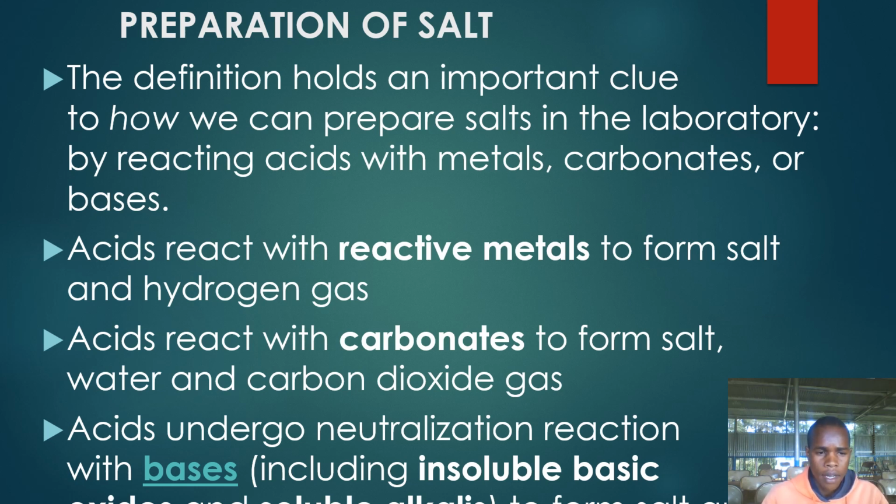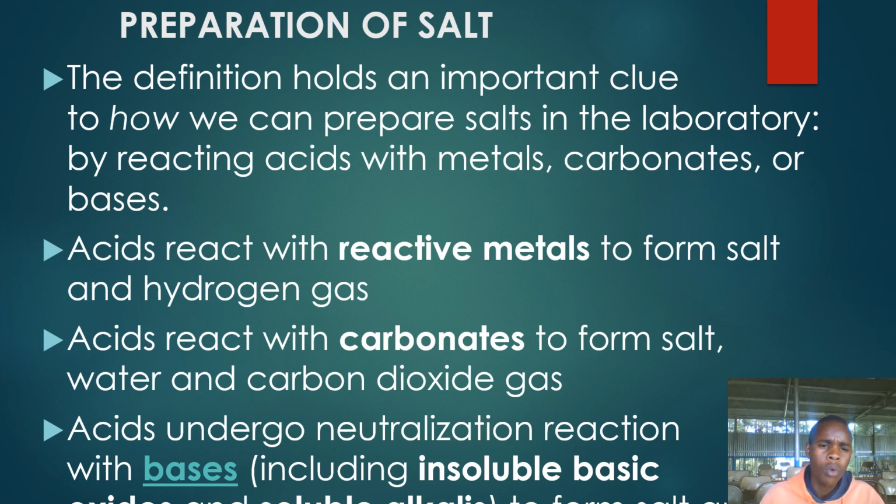Then the next method of preparing a salt is by direct combination of a metal and a non-metal. So what I mean is reacting a metal and a non-metal to form a salt. This method is used to prepare both soluble and insoluble salts.